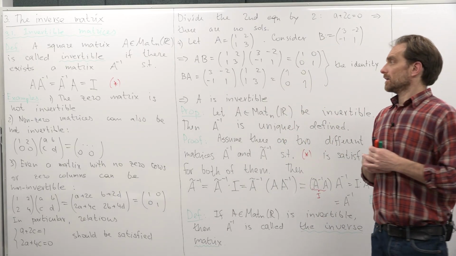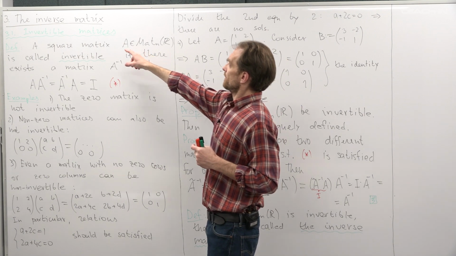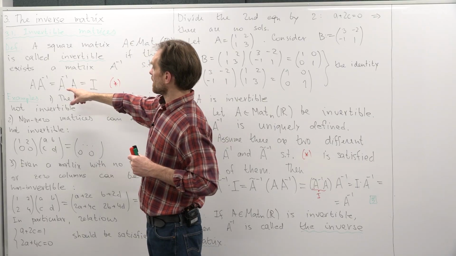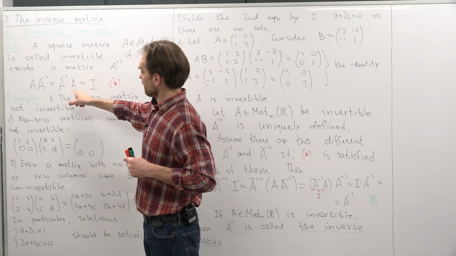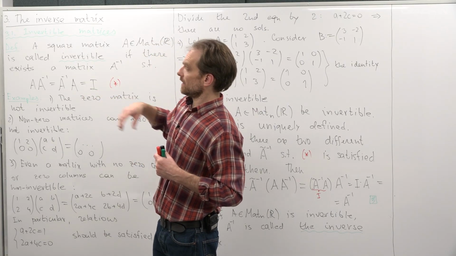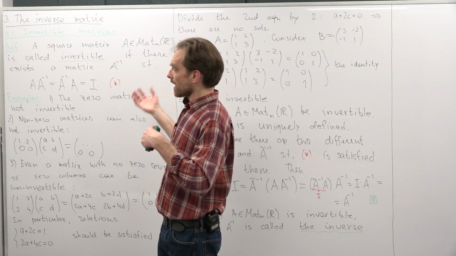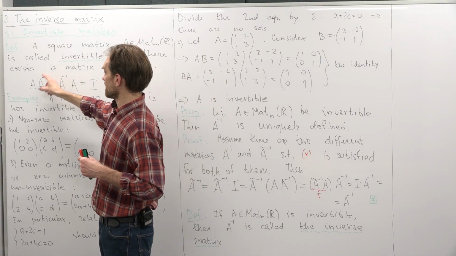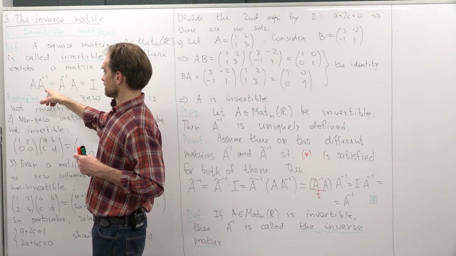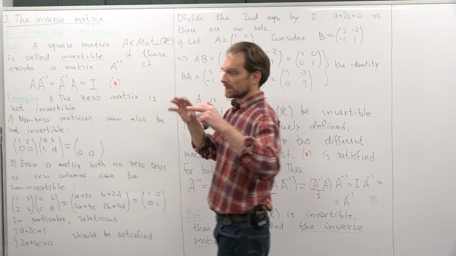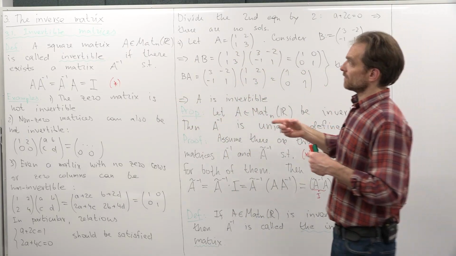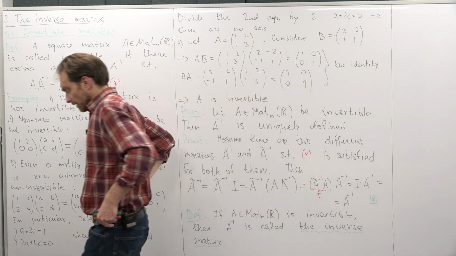I mean, it is possible to consider a rectangular matrix A with the property that there exists some matrix such that the product of A by this matrix from the left gives the identity, and there exists another matrix such that the product of A by this other matrix from the right also gives the identity, but these identities would be matrices of different size in this case, so it is not possible to say that they are equal.